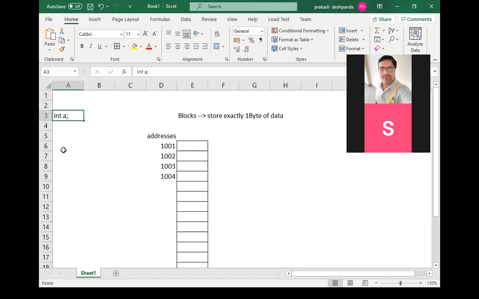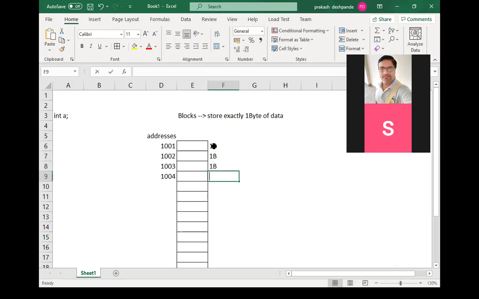Then it asks the computer, you are a so and so architecture computer and you need 2 bytes of memory to store this variable a. But every block of the computer memory can store exactly 1 byte of data only.